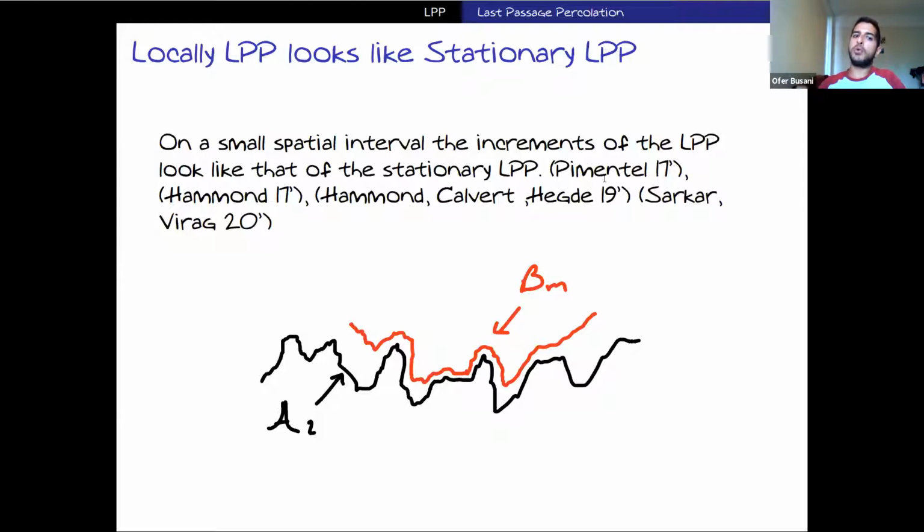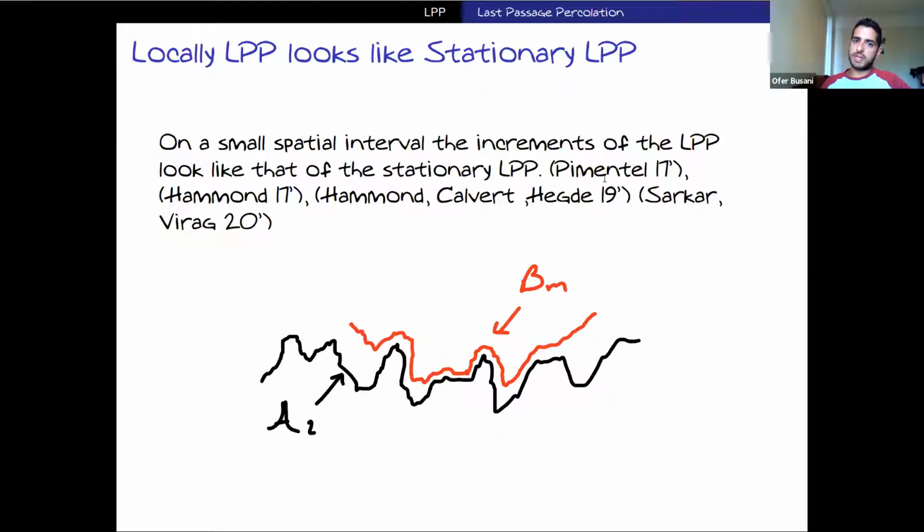So it's as if you randomize the Airy process from the Wiener measure with some change of measure. And we also have a recent result from Sarkar and Virag which shows that this also holds when you start from different initial conditions on the anti-diagonal.